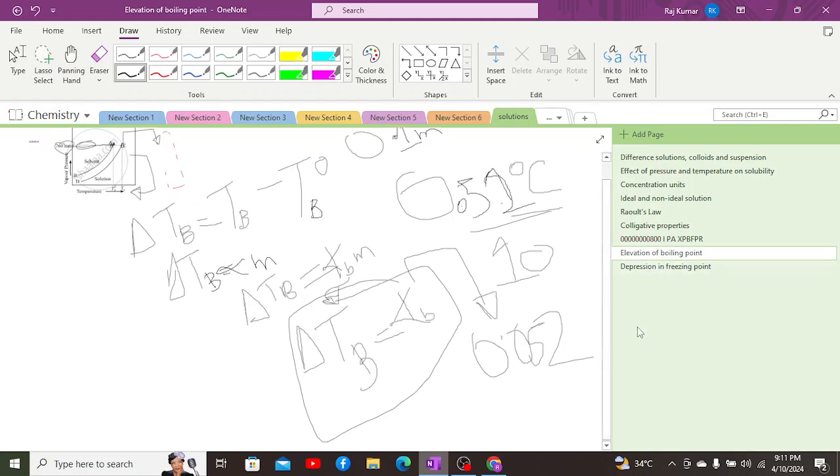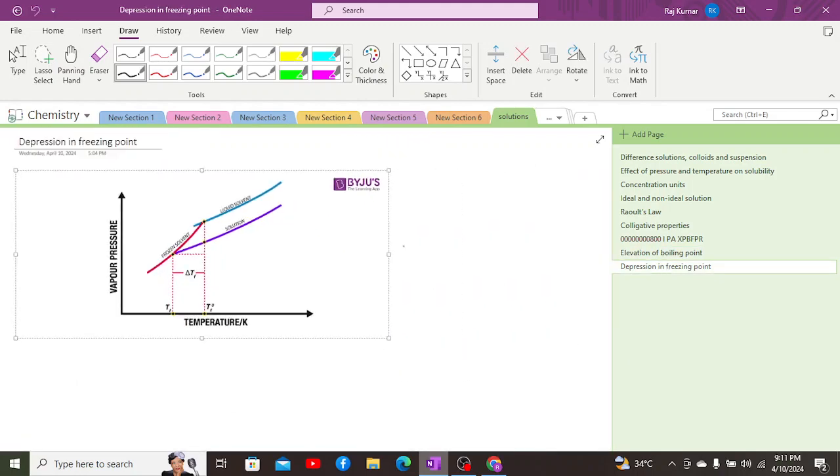And when it comes to the depression in freezing point, it is a characteristic in which we have a depression in the freezing point of the substance, such that we know that whenever the solid and liquid phase of a solution or solvent or a liquid exist in equilibrium with each other, then this condition is known as freezing point. Or a condition in which melting and freezing occur in equilibrium is known as the freezing point, right?